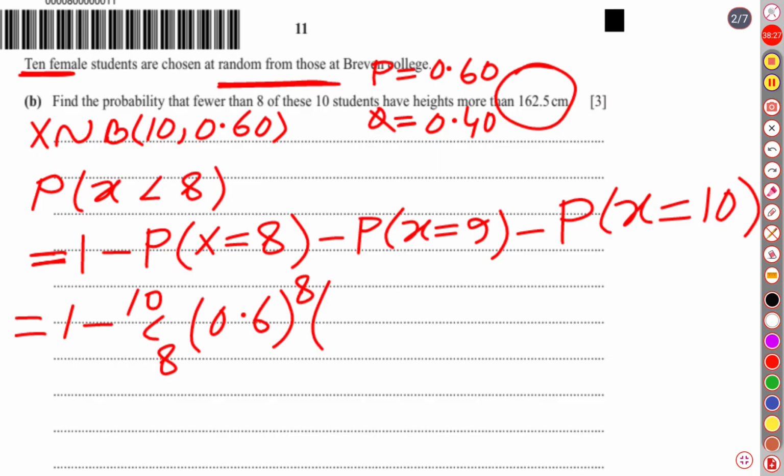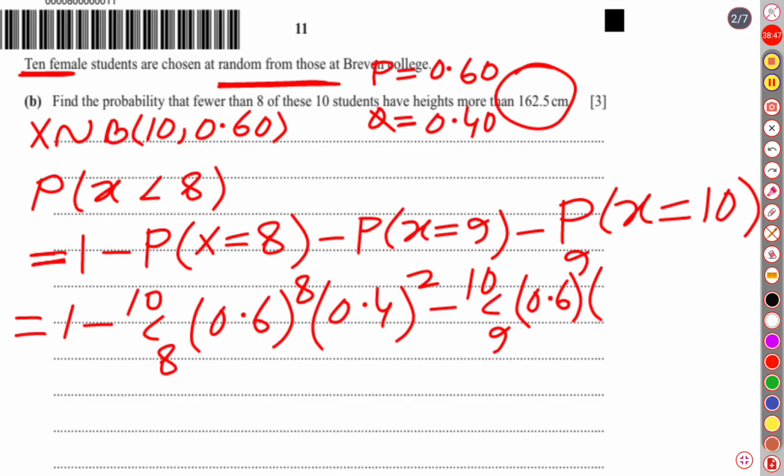And the q, the probability of failure, is 0.4 raised to 2. Minus 10 choose 9. So probability of 9 students, that is 0.6 raised to 9, and probability of the remaining 1 student is 0.4, that is once.